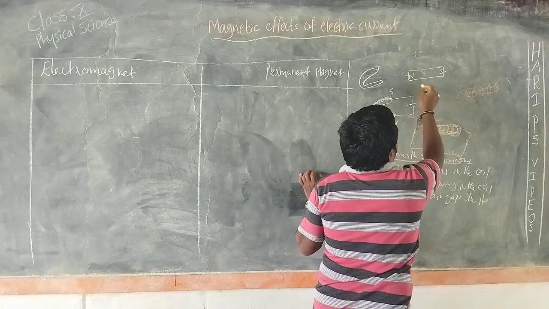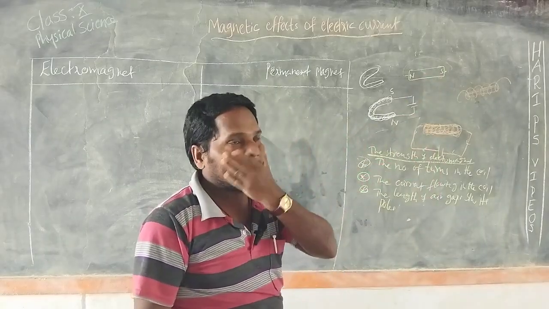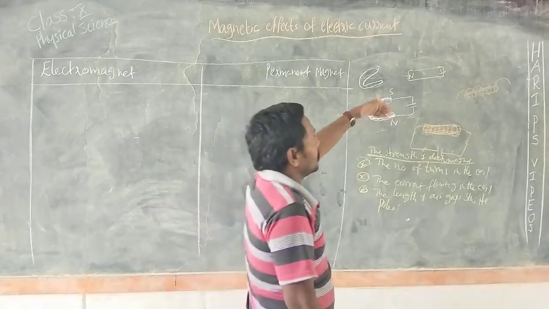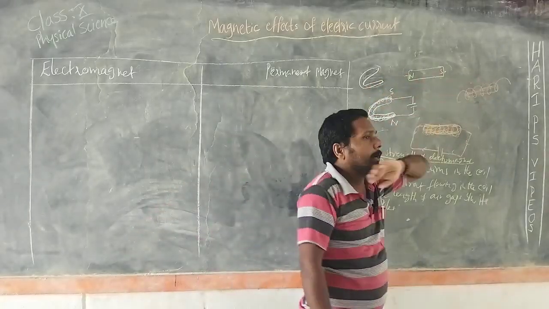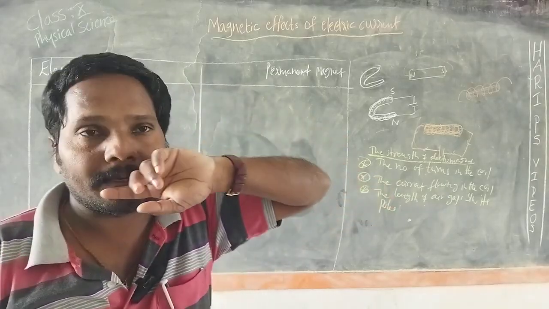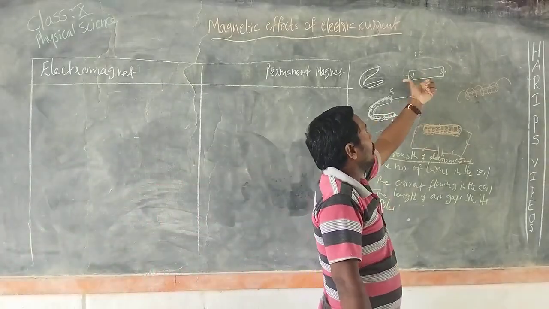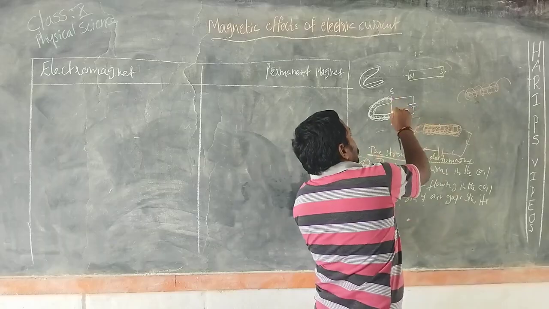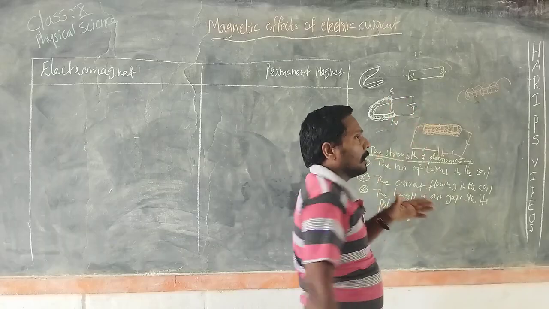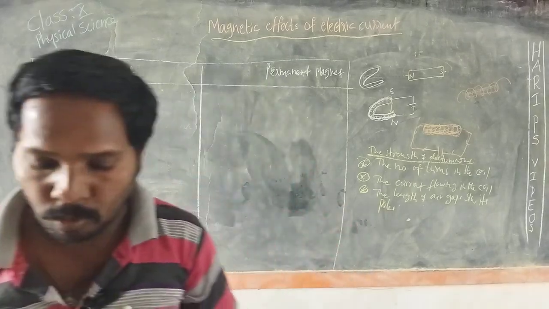So if the electromagnet is like a bar magnet, the strength of the magnetic field of the electromagnet is less because of the air gaps. If the length between the two poles is small, the strength of the electromagnet is more.